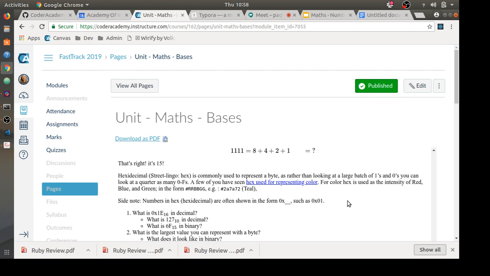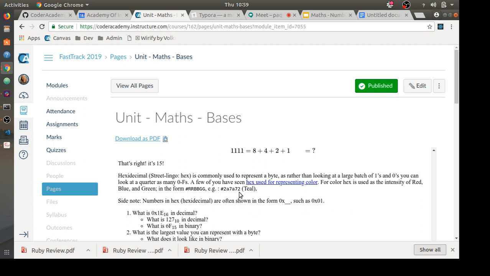Colors are represented in hex in computing. So you'll see strings with the hash symbol followed by 6 hexadecimal digits. The first 2 digits are the red value, the second 2 digits are the blue value, and the third 2 digits are the green value.